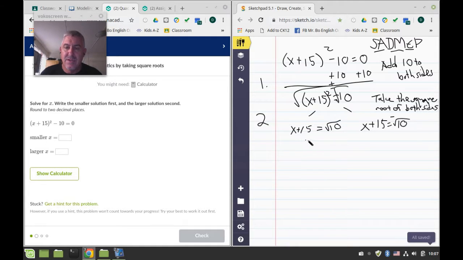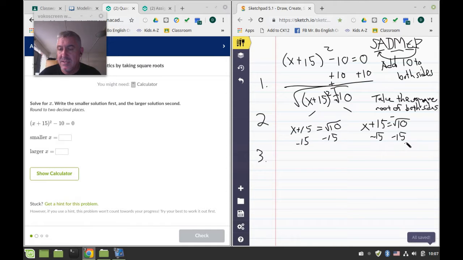Okay, so then we've broken up our parentheses, so we're going to go back and we're going to start over inside the parentheses now. And subtract 15 from both sides. So that's my step 3.